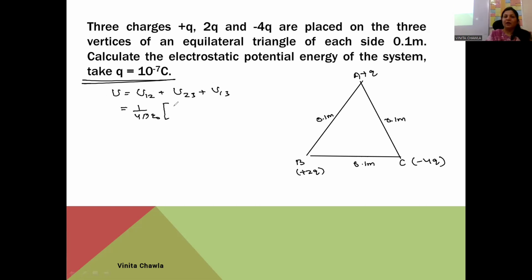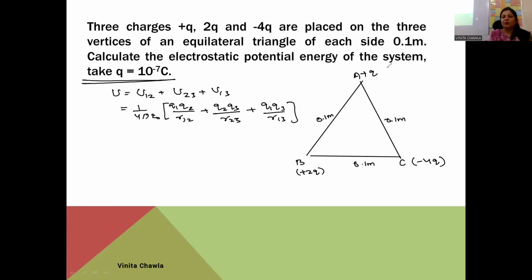And in the bracket we will have Q1Q2 and the distance between charge 1 and 2, Q2Q3 and the distance between charge 2 and 3, Q1Q3 and the distance between charge 1 and 3.